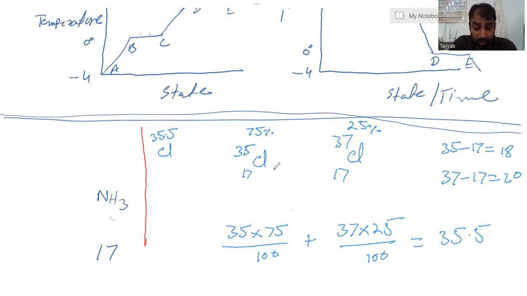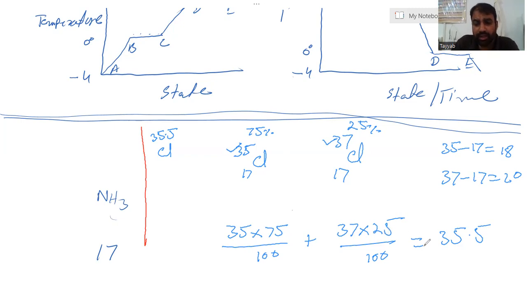Again, to calculate the relative atomic mass of an element, you will be given the isotopic mass of each isotope. If it has two isotopes, the isotopic mass of both isotopes and the percentage abundance of each isotope. When you are given the isotopic mass, multiply this isotopic mass with its percentage. Again, the second isotopic mass with its percentage.